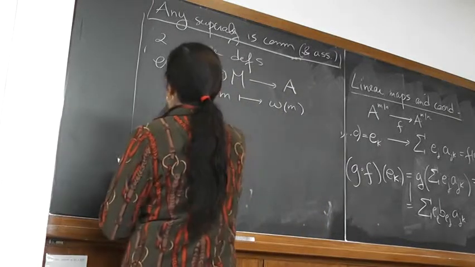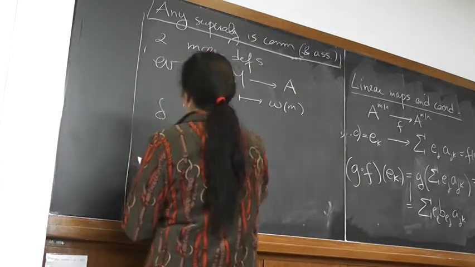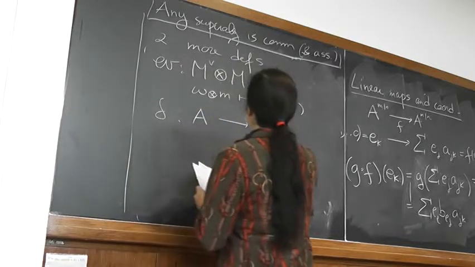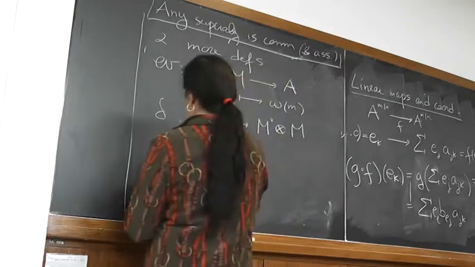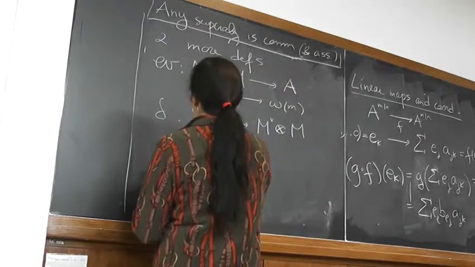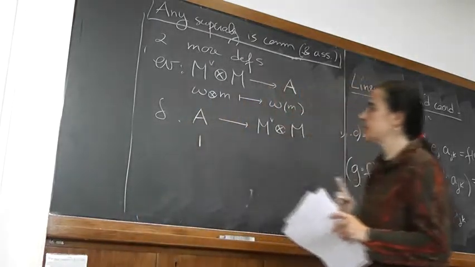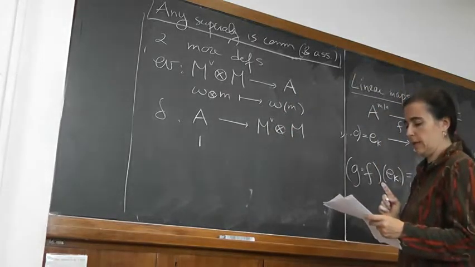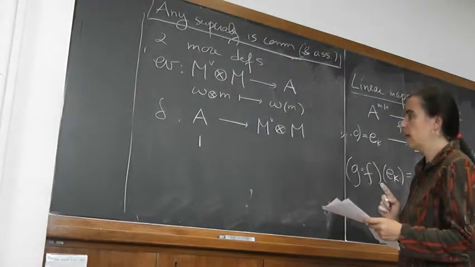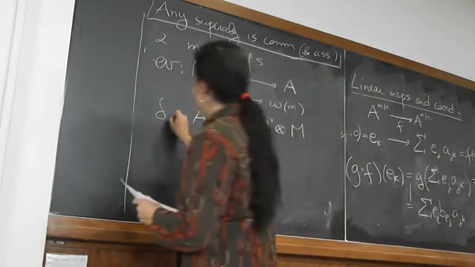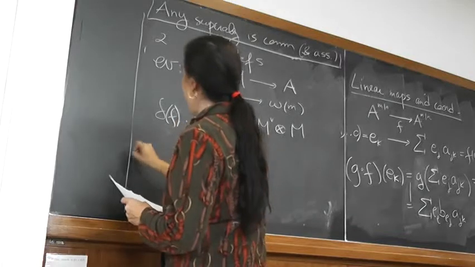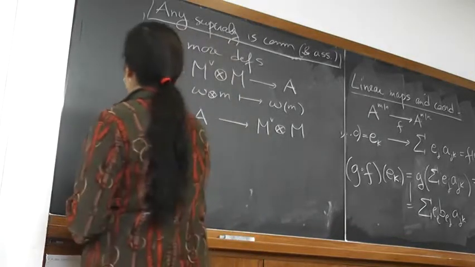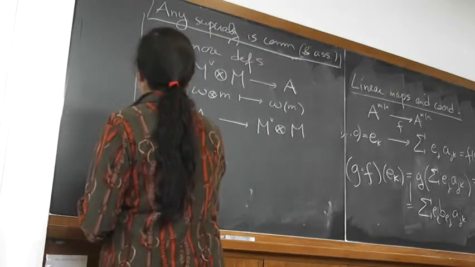And then we look at this delta going from A the other way around, to M check tensor M, which takes the element 1, and if you specify, delta, we call it F. So delta depending on F, where F is a map from M to itself.